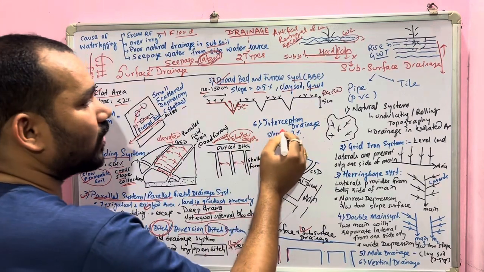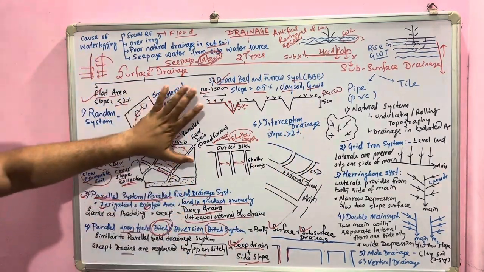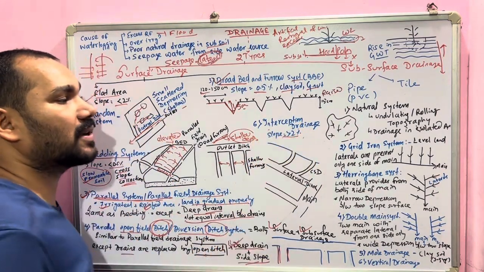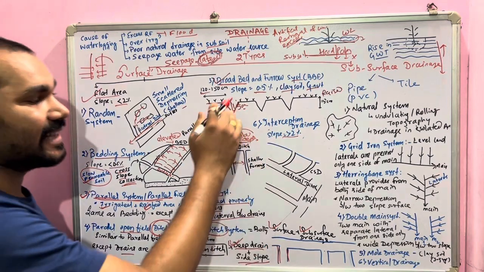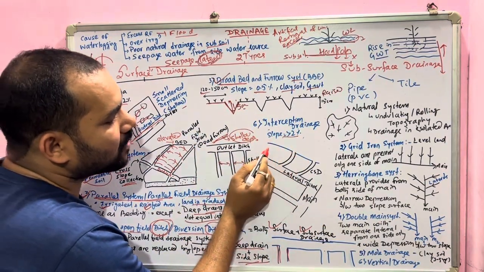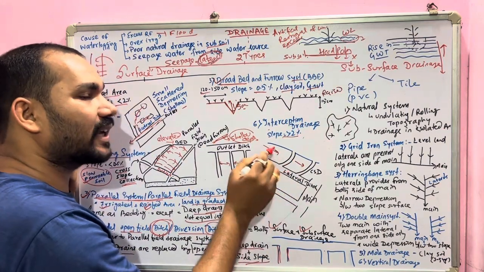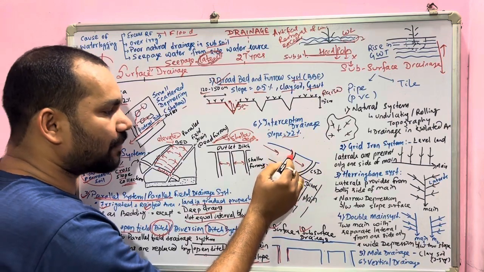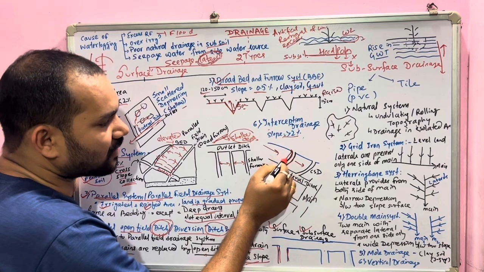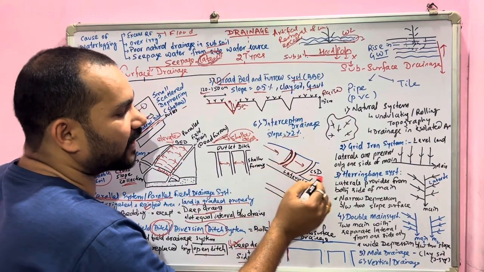Then next, coming to interception drainage. Whatever we have studied so far, the slope is less than 2%, but in case of interception drainage, the slope is more than 2%, which means you have a sloping surface. Water will move down the slope, but to decrease the erosion loss, you have to make some drains across the slope, which are called cross slope ditches.